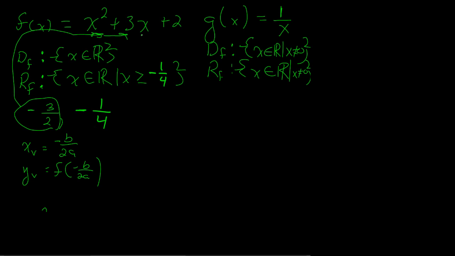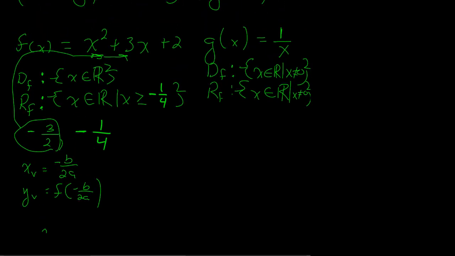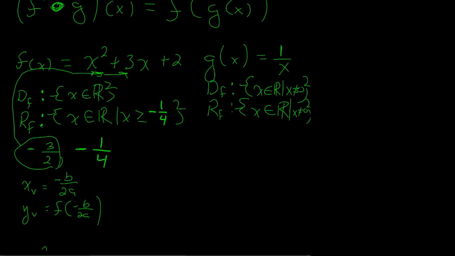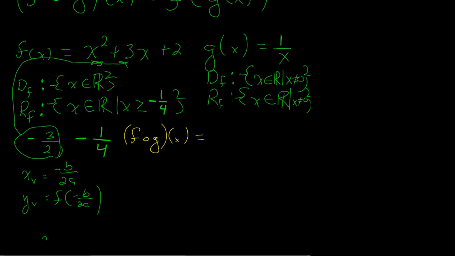So let's look at what happens when I compose f of g. So f composed of g. I'm going to change color here and do this right in this corner here. F composed of g. And we're going to see how composition works. So I'm going to list everything about the domain that's happening.